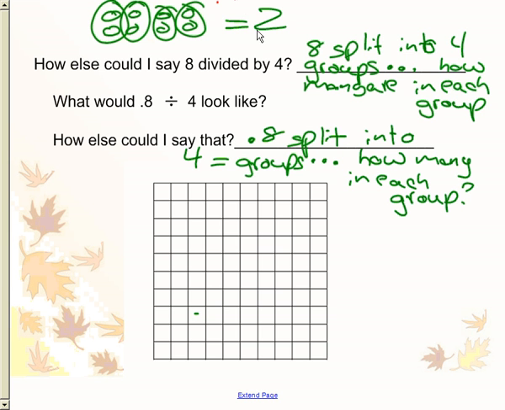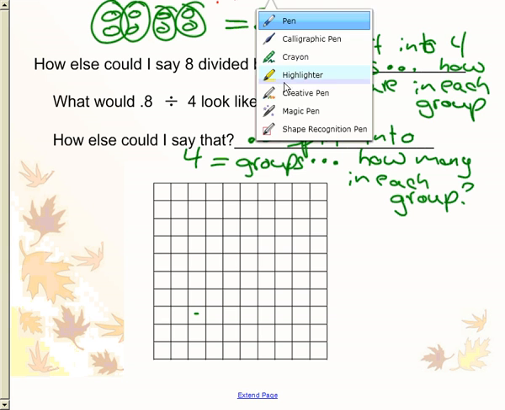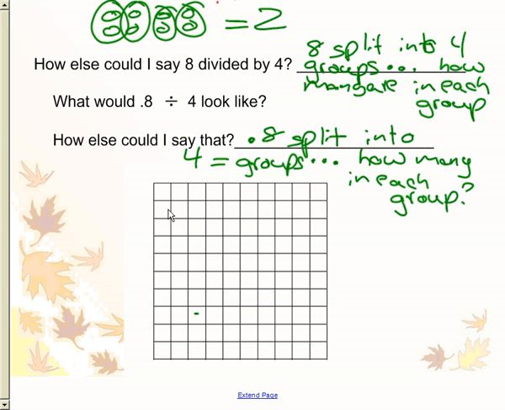All right, well, let's go ahead and take a look. So I'm going to start with what I have. Just like in this easy example, I have 8 cookies. Well, we're going to start with I have 8/10 of a pan of brownies. So I'm going to shade 8/10.